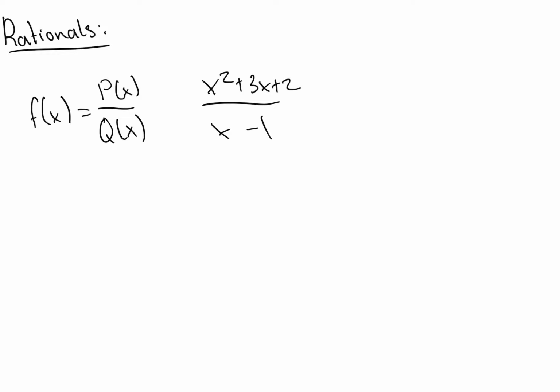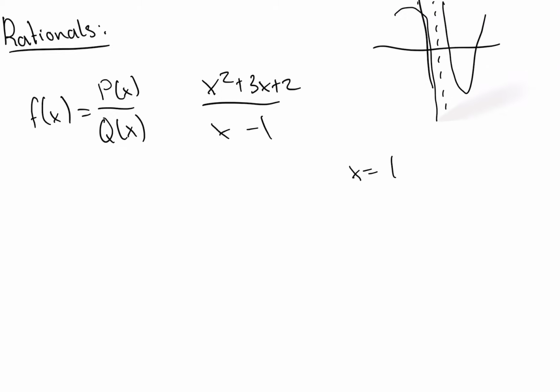So if we were to graph this, at x equals 1 there would be an invisible vertical line that would stop a function from passing through. Any function here would be forced to move around it, and it wouldn't be able to go through because at x equals 1, this function is undefined.